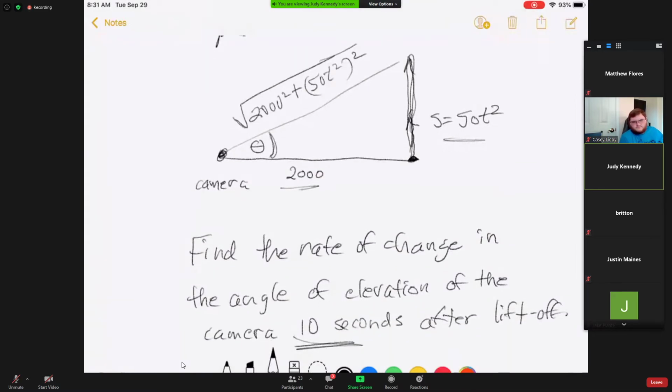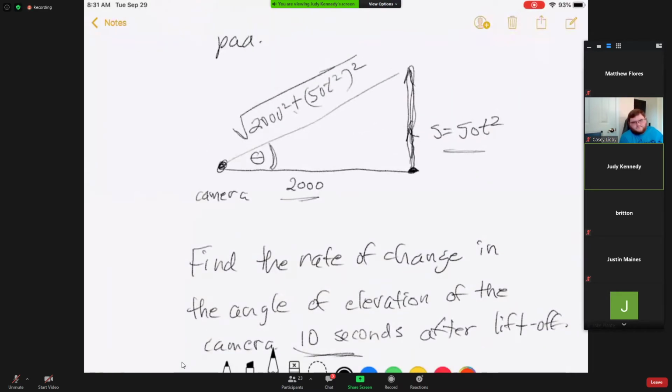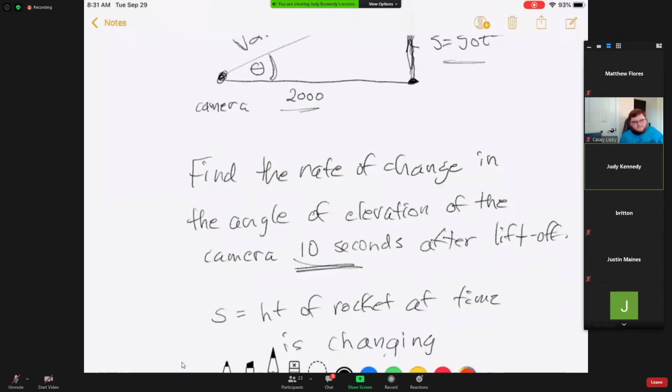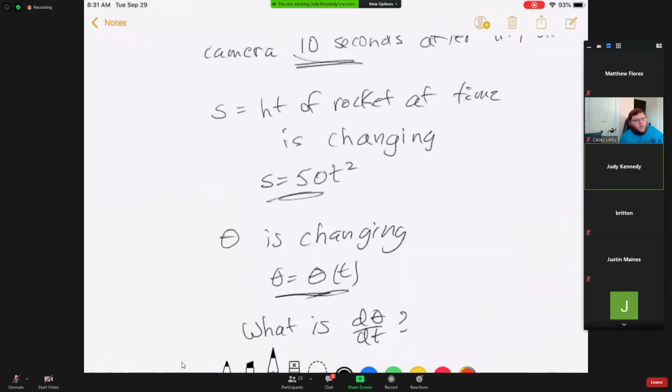Okay, so the cosine of theta would be 2,000 over that big square root at that moment in time. In fact, that would hold for all moments in time when t's changing. So let's see if I can remember that.